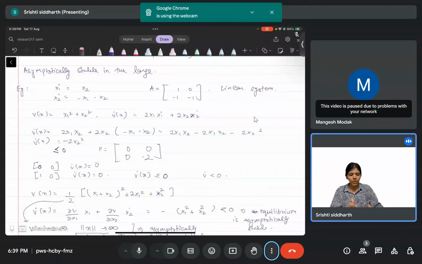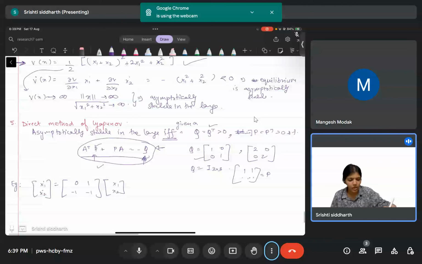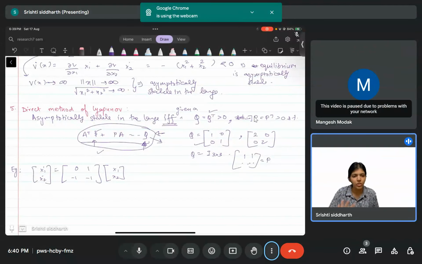There could be x1 squared plus x2 squared, and there could also be something like this. So the choice of Q here is not unique. As long as they satisfy positive definiteness and the symmetric condition, it's fine.